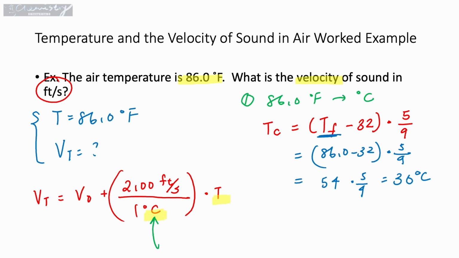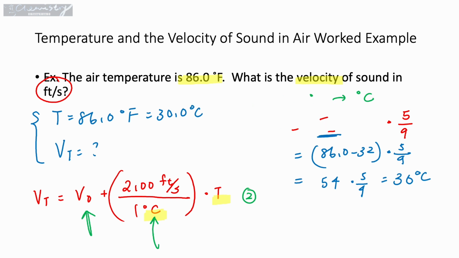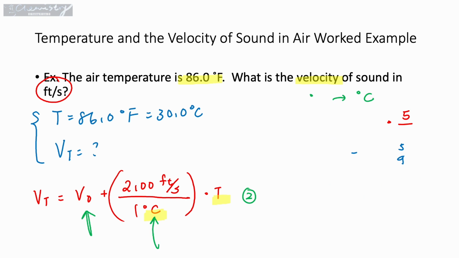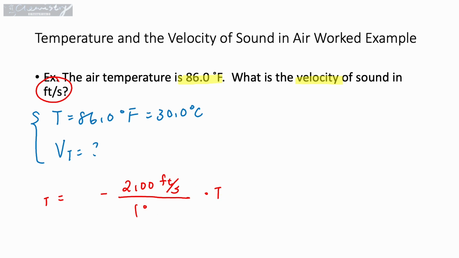Now with this 30 degrees Celsius, we can apply this equation. So we found that this is equal to 30.0 degrees Celsius, and then in the second step we can plug it into the equation. The key thing here is remembering that we need to be in Celsius.